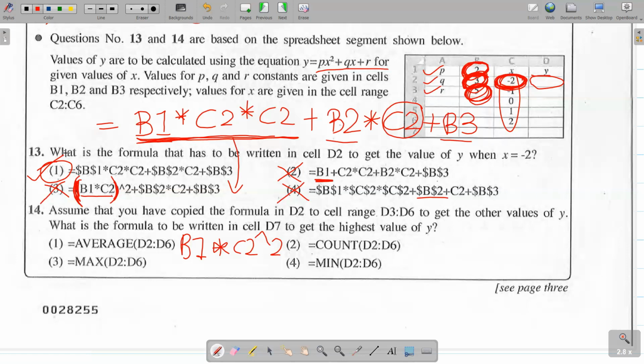So in all three answers, 2, 3, and 4, all three were not correct due to the formula issues, right? Not the absoluteness, not the dollar signs, right? Okay, so for 13, it's the first one. It's going to be the answer. Okay, people, is that clear up to this point?